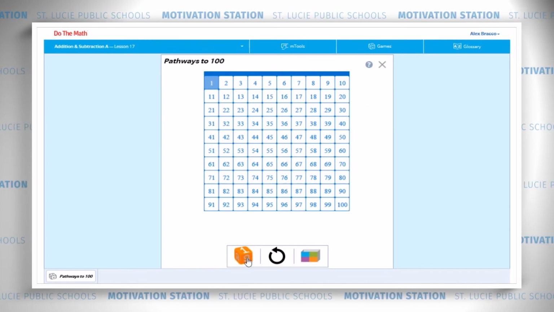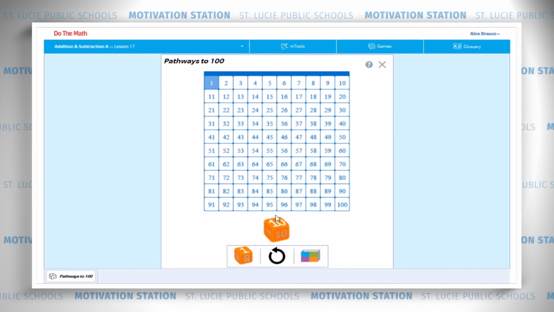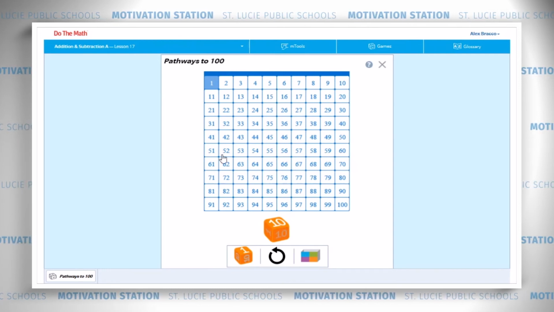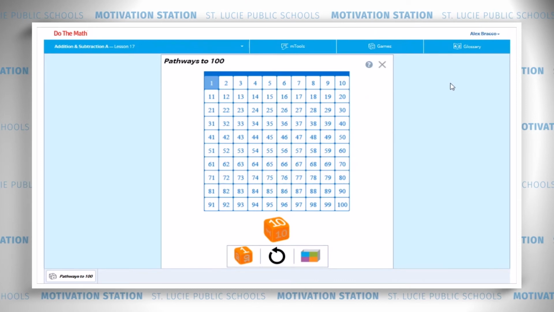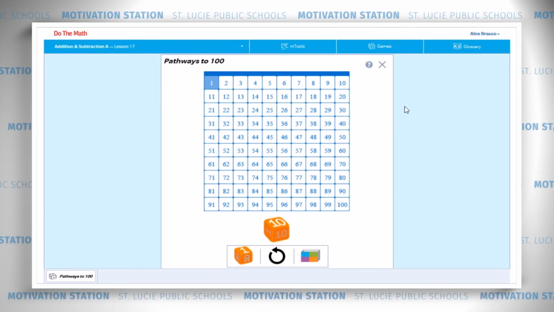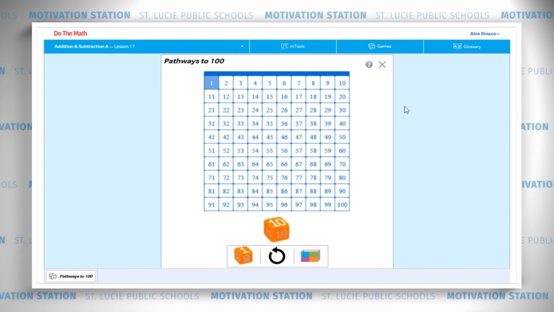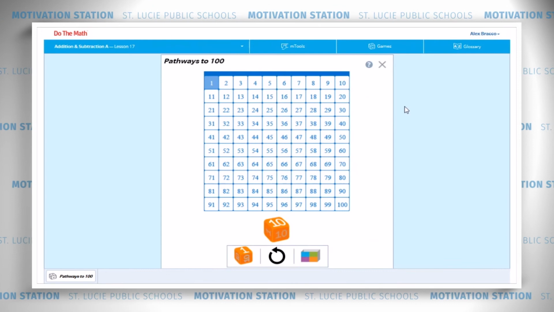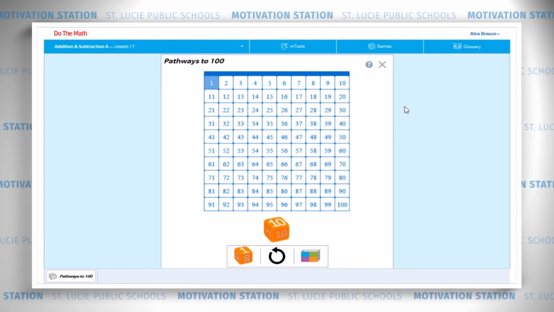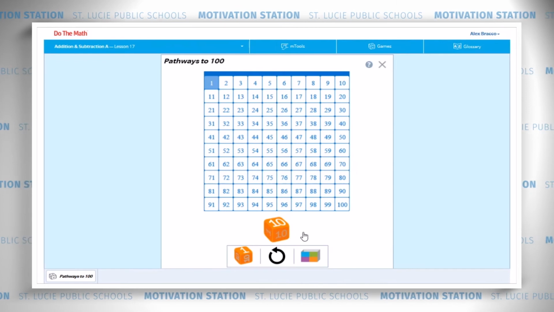Then we're going to roll the orange dice, and I got a 10. So I'm going to add 10 to the number 1. So on the side here or in my workspace book, I'm going to write on page 27 where it says equation at the bottom. In one of those boxes, I'm going to write 1 plus 10 because I started at the number 1 and I've added 10.